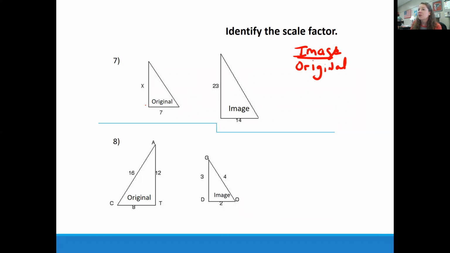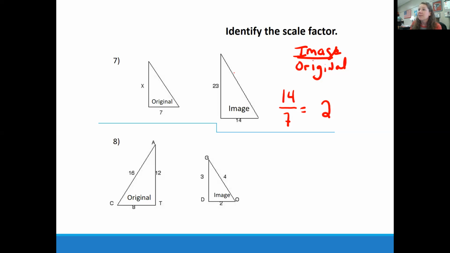So here's our original. The image is larger than the original, which tells you that the scale factor must be greater than 1. So we're going to compare side lengths. So 14 compares to 7. They're in the same position, right? So if we say the scale factor is 14 over 7, that simplifies down to 2.